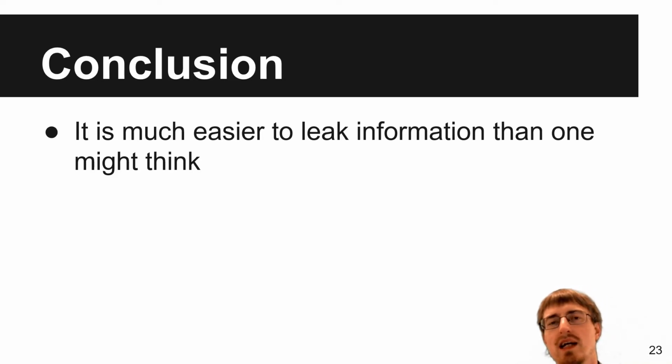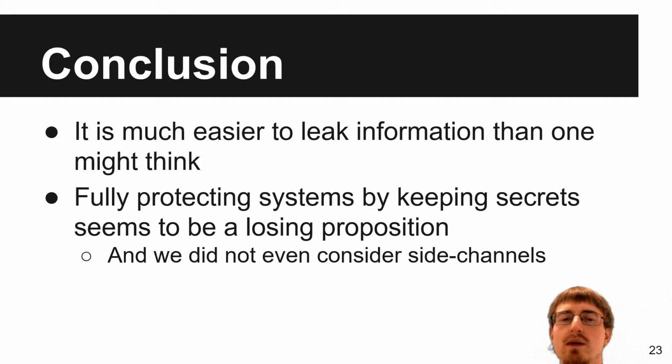For example, the allocation oracle typically looks like a perfectly innocent code construct in a program, but it turns out it's a way that attackers can use to leak important information that allows them to bypass defenses. So leaking information is much easier than you think, which means that trying to protect your system by keeping secrets is a losing proposition.